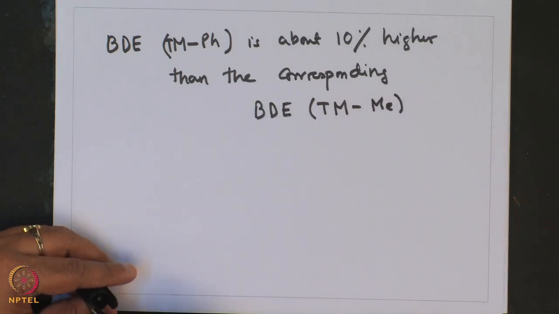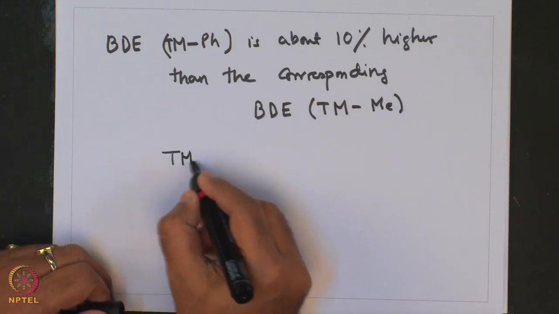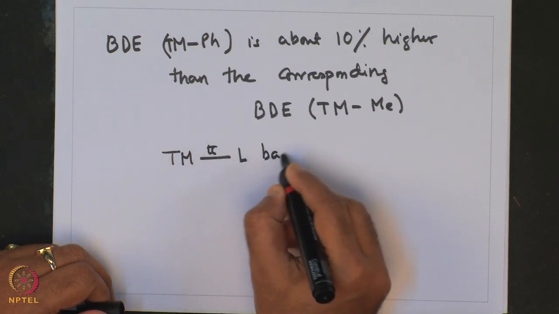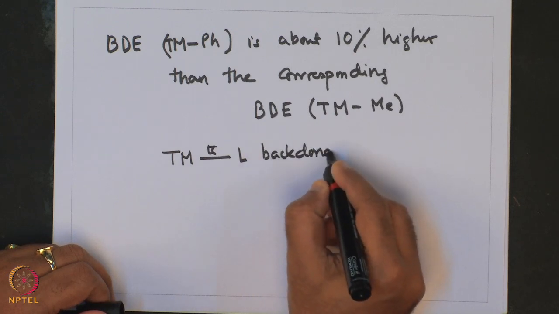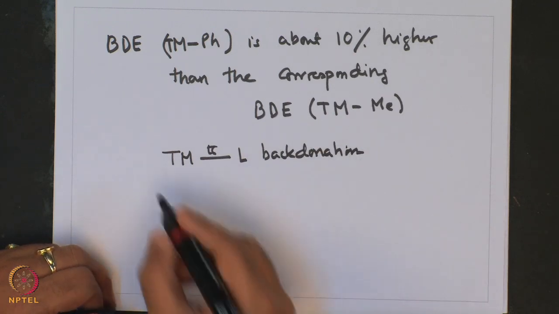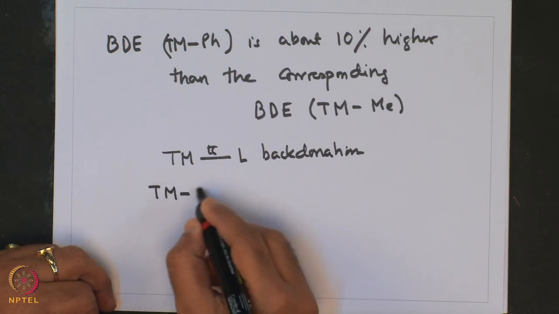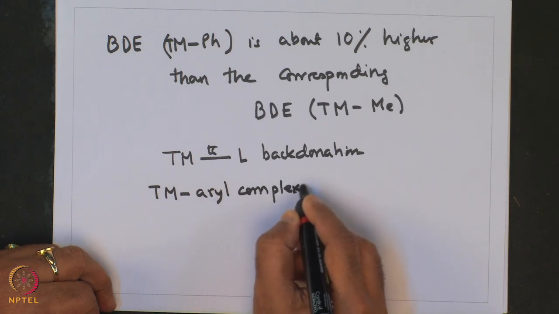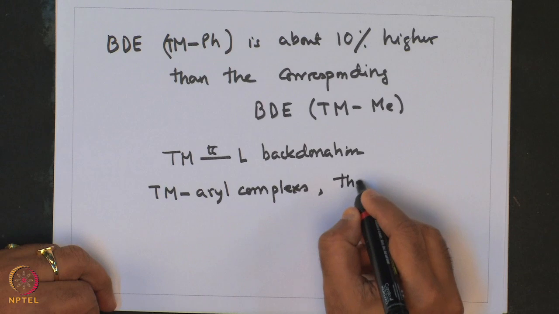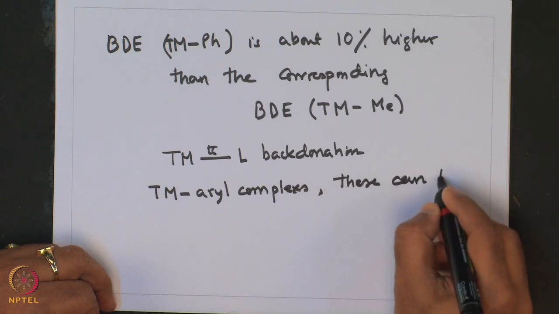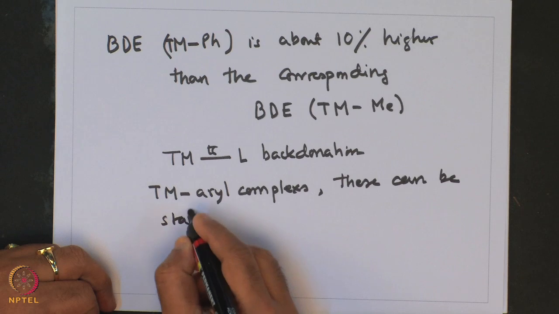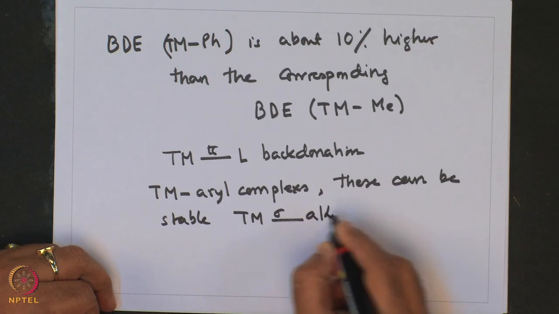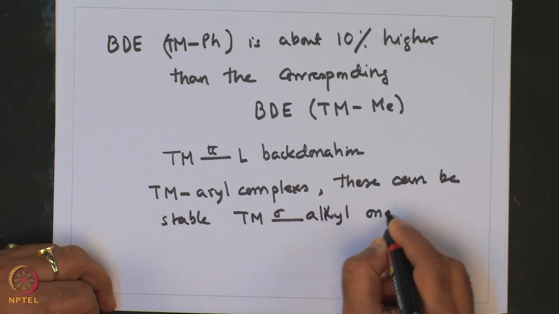So, what we see is that because of the metal to ligand back donation that occurs in transition metal aryl complexes, these can be more stable than transition metal sigma alkyl bonds.